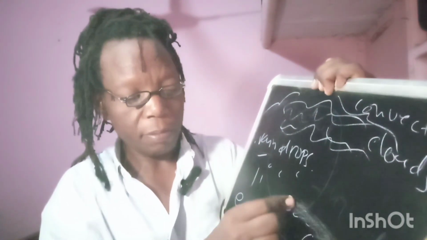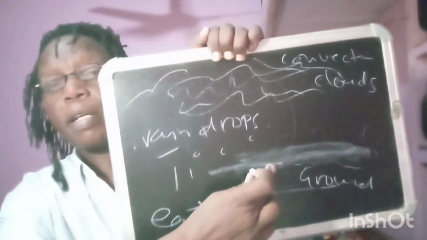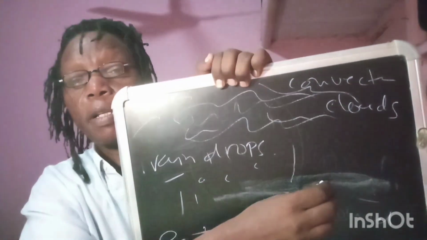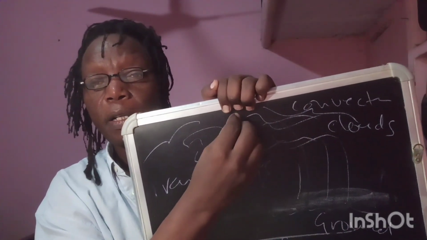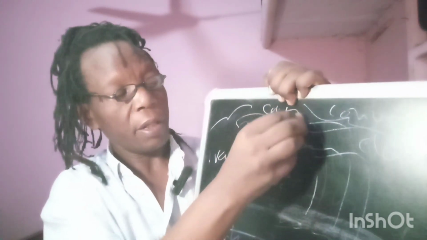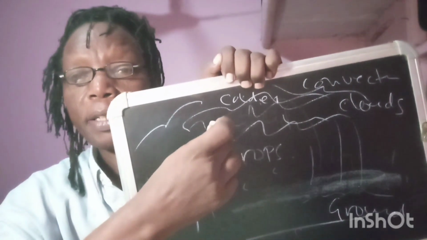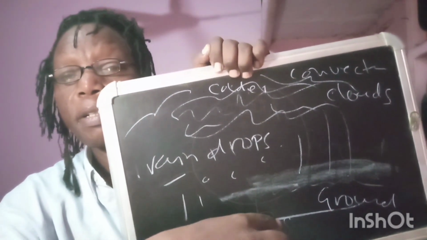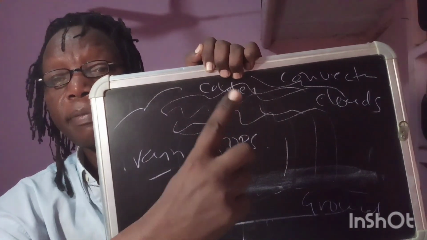Let's say this is a volume of water in the sea, and then it goes up in the form of gas, then reaches up there where it's colder. It's colder here, pressure is low, then it condenses and comes down as rain. So there's a lot of nature at work here, okay?